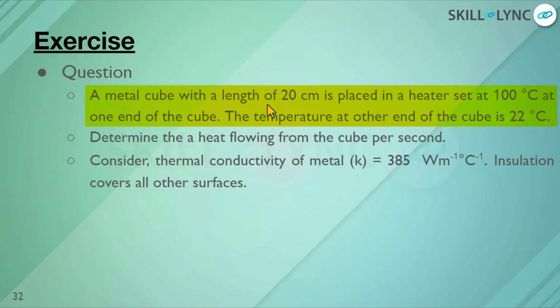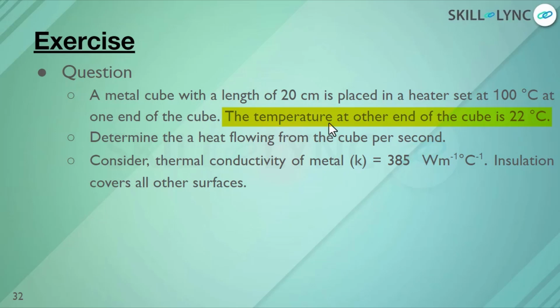A metal cube with a length of 20 cm is placed in a heater set at 100 degrees Celsius at one end of the cube. The temperature at the other end of the cube is 22 degrees Celsius. So the condition is that one end of the metal cube is placed on a heater set at 100 degrees Celsius, whereas the other end is at 22 degrees Celsius.